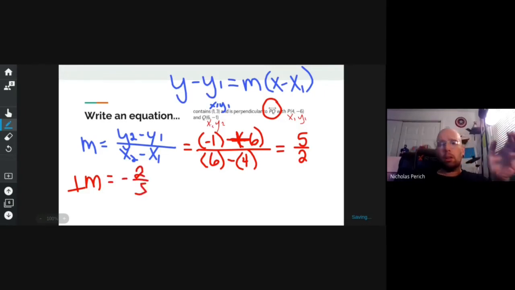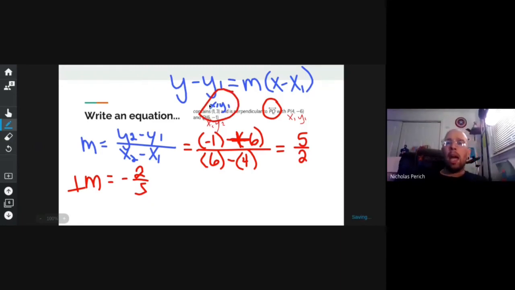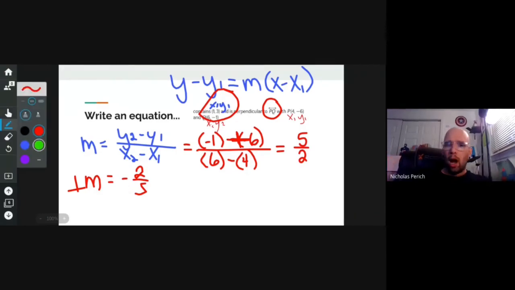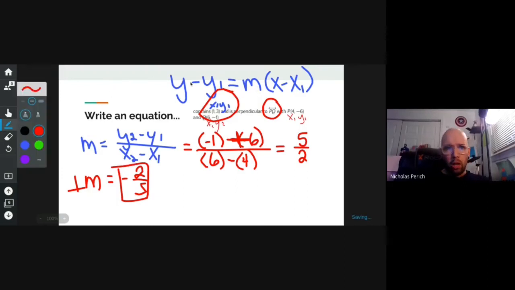So what this problem is asking us to do is write an equation that contains 1, 3. So I'm now going to use that point and is perpendicular to blah, blah, blah, which I found out. So the slope that I want is -2 over 5. I'm going to plug it into that equation up there.